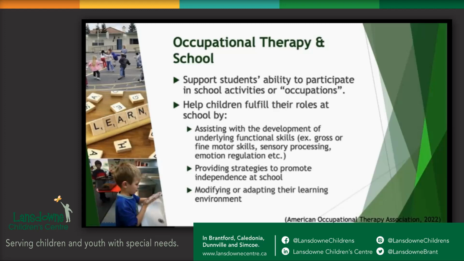So we're helping with the development of skill, helping with strategies, and then adaptations if all else fails. It's pretty much what the OT role in a nutshell is in the school environment.